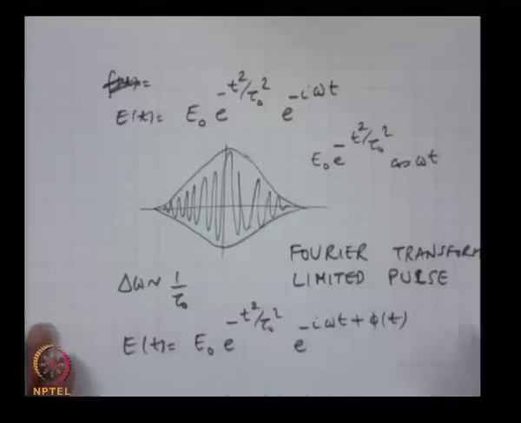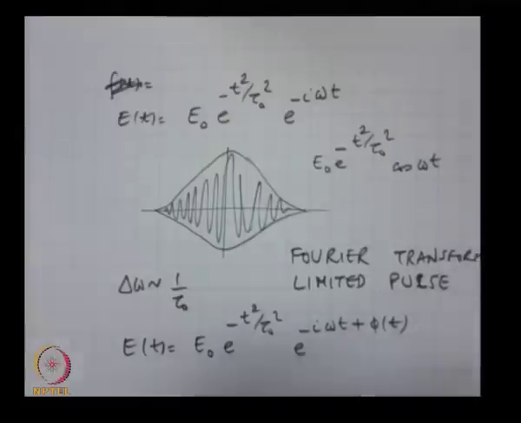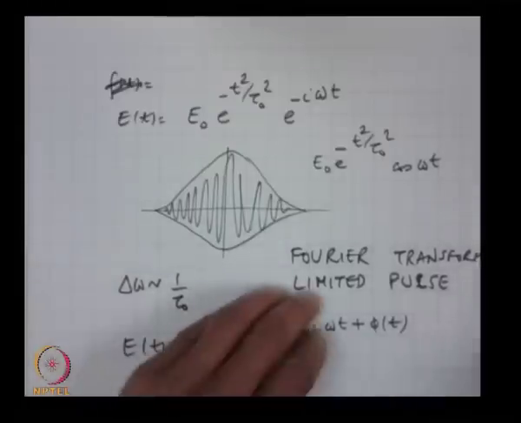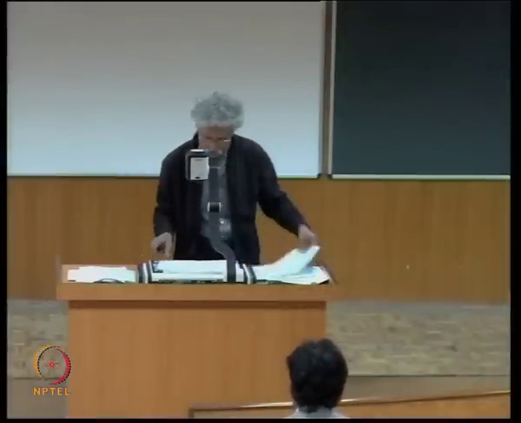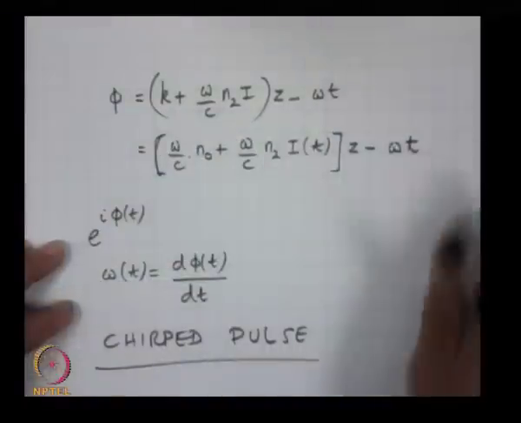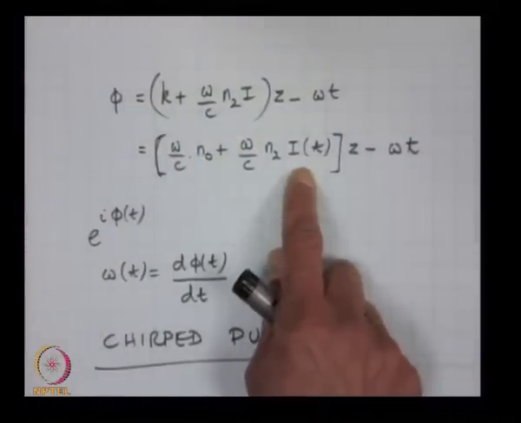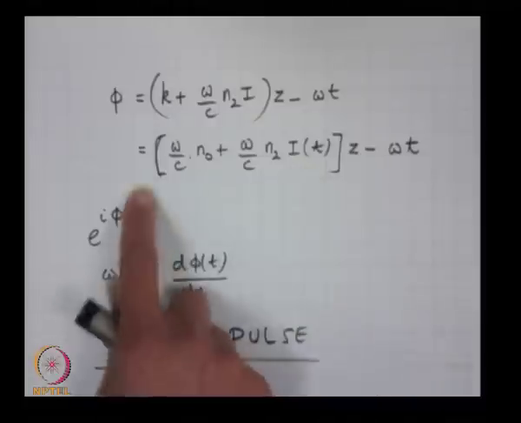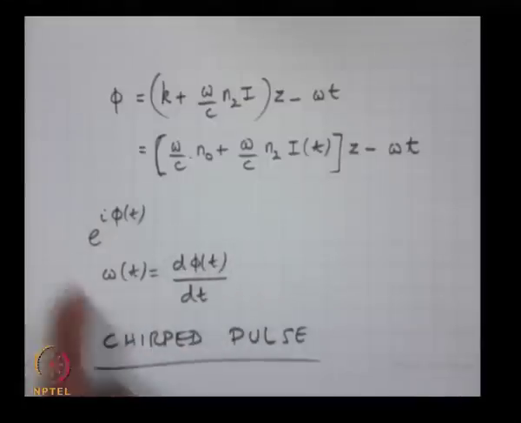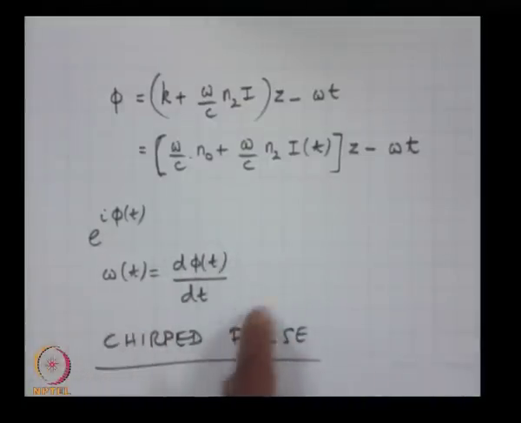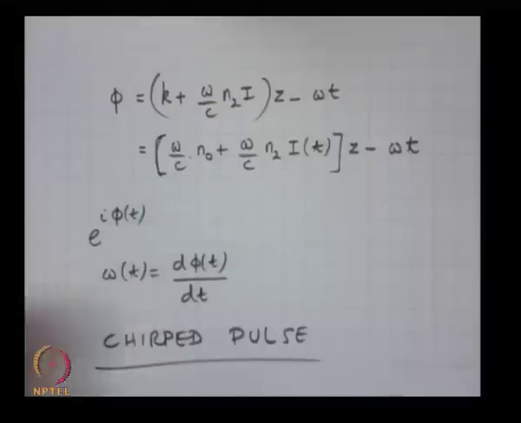Okay, so now what's going to happen is, in our case, with self phase modulation, what I see at the output of this medium is that the phase is varying with time, not linearly, but with some arbitrary function of time, into I of t. So I can calculate from here an instantaneous frequency by just differentiating phi with respect to time.